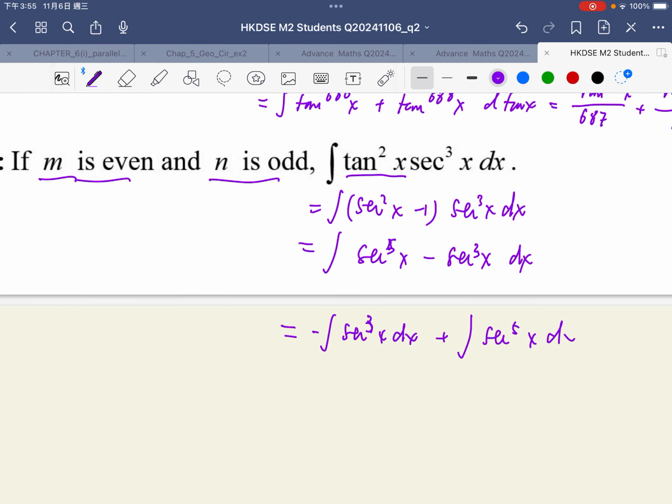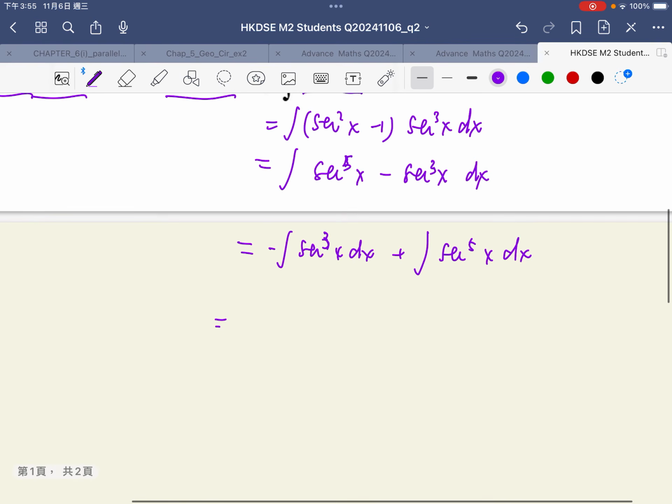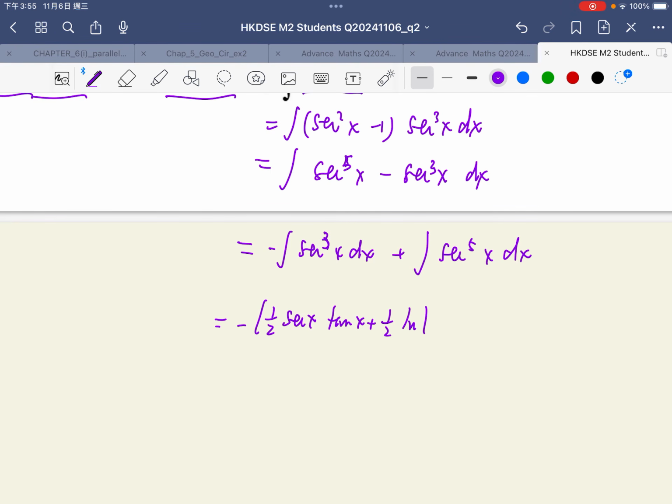We have to use integration by parts, but because of the length of this video, I just present the answer here. For secant cube, it is 1/2 secant x tangent x plus 1/2 natural log of secant x plus tangent x.